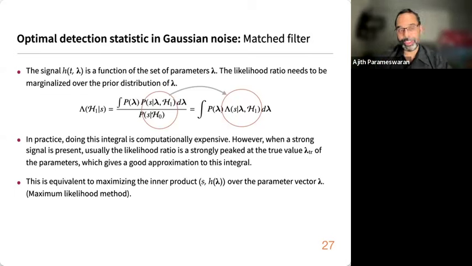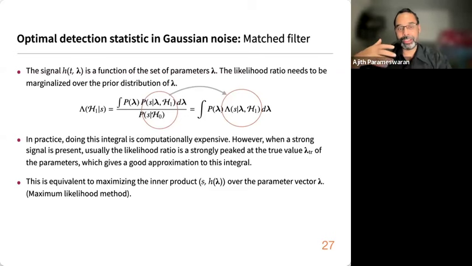However, if the likelihood ratio has a narrowly peaked shape, then it turns out that one can approximate this integral. Instead of marginalizing this likelihood, one could maximize it. One could just look at the peak of the likelihood over the parameter space of lambda.